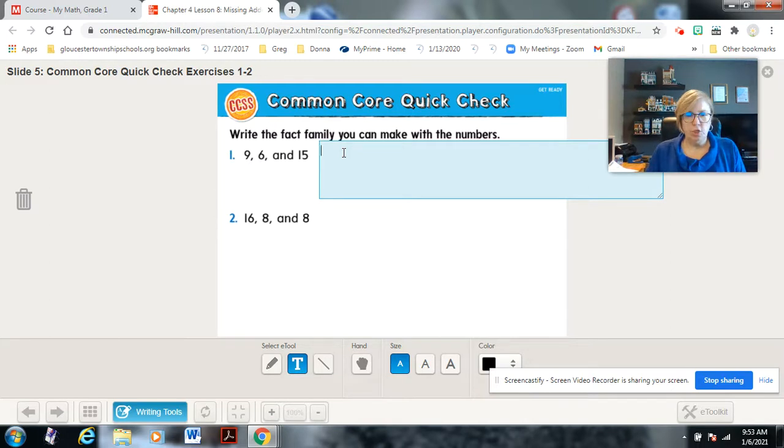So since we know there's 4, there's going to be 2 addition sentences in this. So the first one will be 9 plus 6 equals 15. Now notice I didn't have to stop and use counters. I just made sure I used the 3 numbers in the math sentence that are posted here.